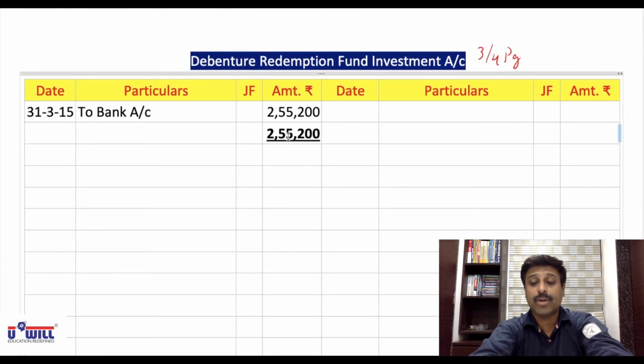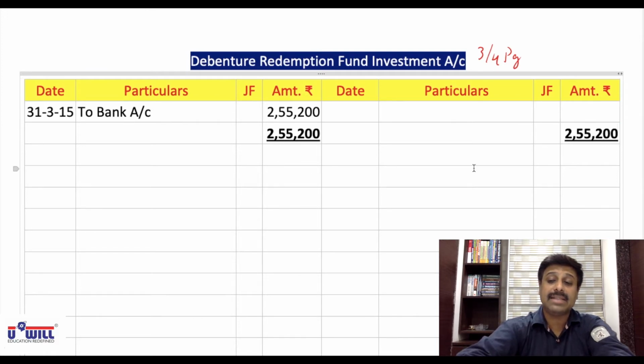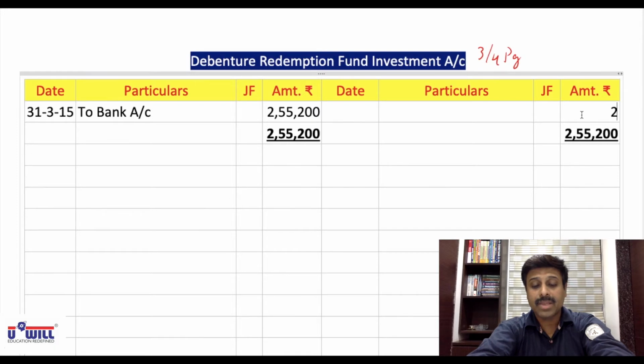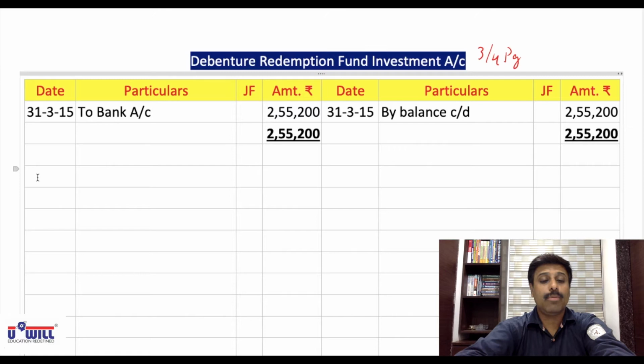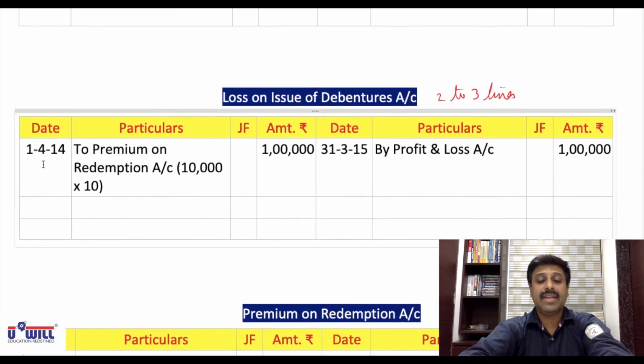See, that is what I told you in the last lecture, that it is not necessary that investments will have same balance as debenture redemption fund. Balance will also be 255,200, 31/3/15 by balance carried down, and opposite side 1/4/15 to balance brought down 255,200. Interest doesn't have any amount.